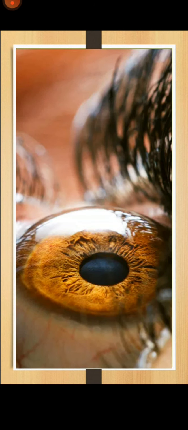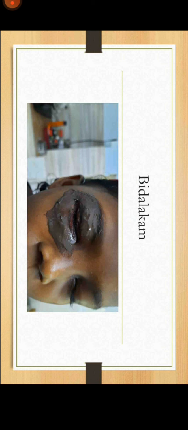Then only we should apply the Pindi. Bidalaka is another procedure, mainly used in Akshimagata or Vatamagata Rogas. The procedure is the same as that of Mukhalepa. That means the medicine should be light, should be moist and should not be allowed to dry.